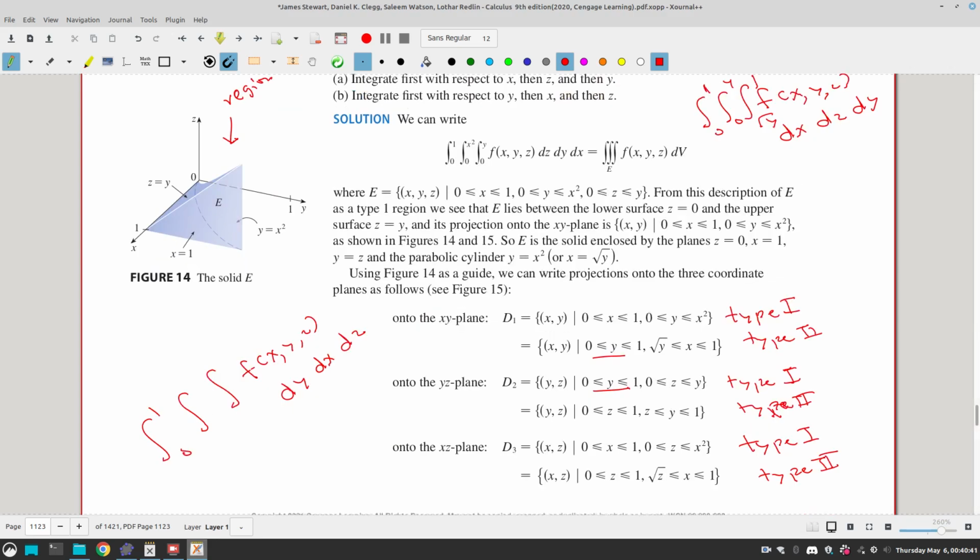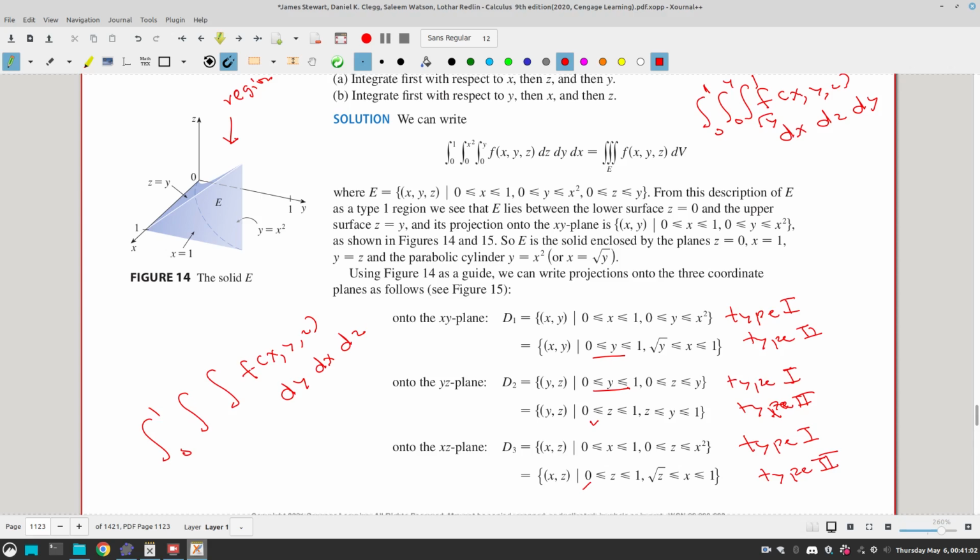Well, this works and this works, right? Now if z is between 0 and 1, what could x be between?